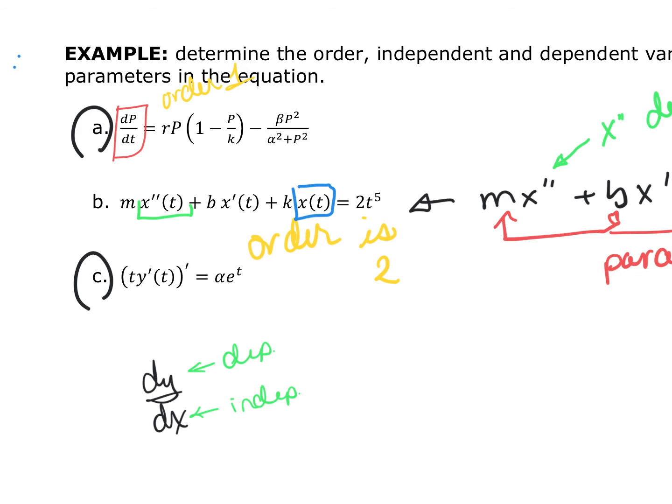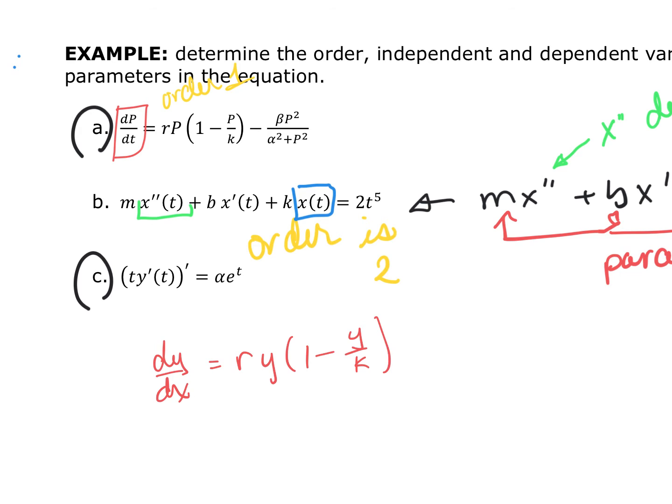So similarly, back when we first started to learn calculus, every place that I had p, I could have replaced with a y. So if I would have rewritten this in something we're more familiar with, dy dx is equal to ry times 1 minus y over k minus beta y squared over alpha squared plus y squared, we could have easily said, oh, okay, well, y is always our dependent by default.